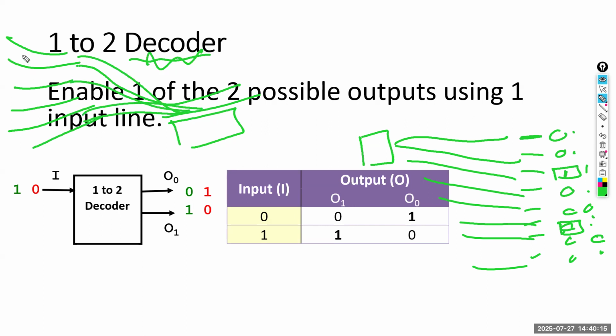But at a time, only one train must be allowed to enter. Otherwise, there will be a collision, right? Because though we have three lines here, we have only one line. So when this is green, definitely these must be red. And when this is green, definitely the other two must be red. Otherwise, there's a collision, right? If two of those get green, then two trains enter, collision.